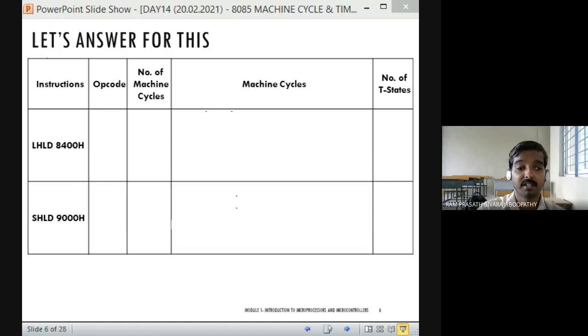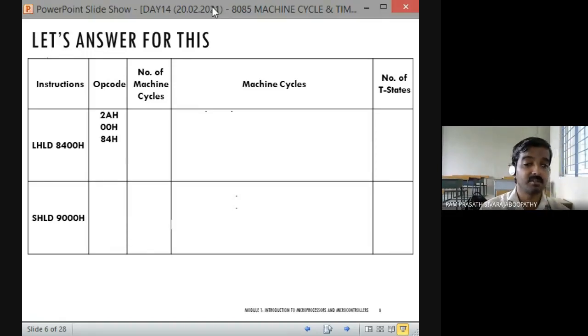Okay. Can you check and tell what about the number of machine cycles? So it occupies definitely 3 bytes, 2A0084. How many machine cycles are required to execute this particular instruction by CPU? Just think and tell. If you think patiently, you can tell.